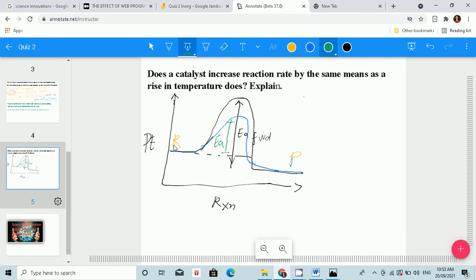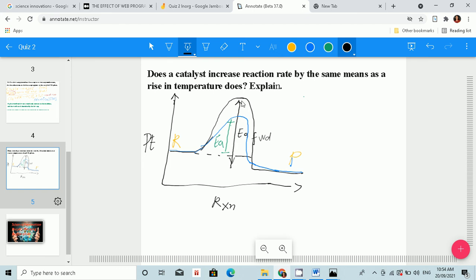Therefore, the reactant will proceed faster to form a product because the energy barrier is lower. So the catalyst makes our reaction proceed faster. The reactant forms a new product faster if there is a catalyst. Whereas if there's no catalyst, look at the activation energy.